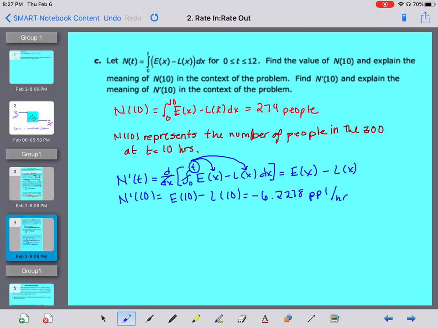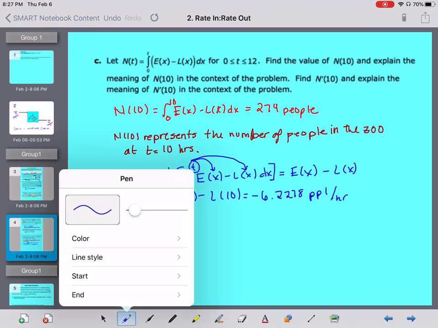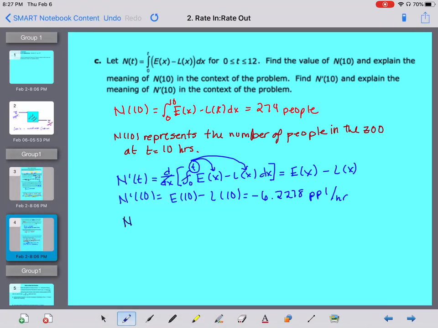Because we've just taken the derivative, now we're talking about a rate of change. So n prime of 10 represents, we're describing a rate of change. Okay, the rate at which the population is changing.